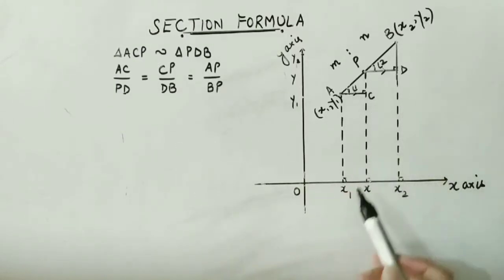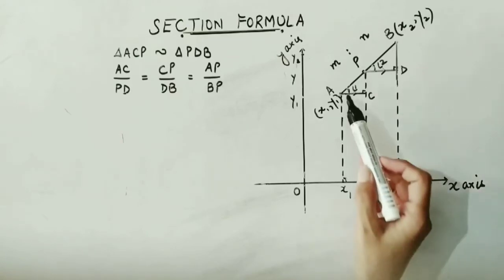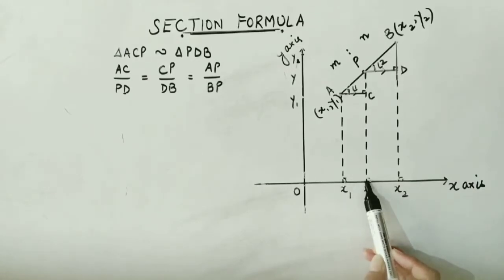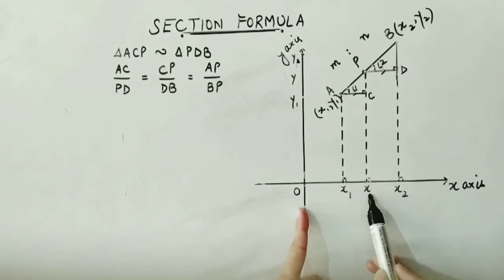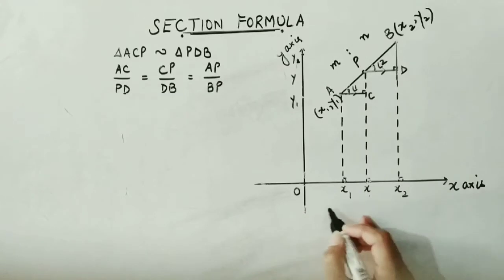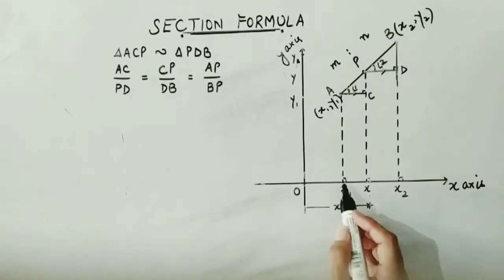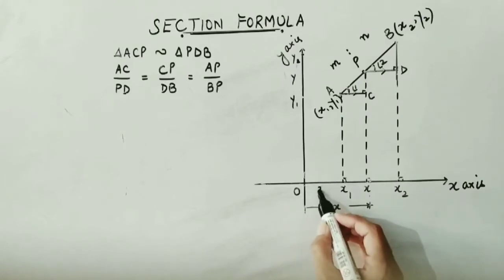Representing AC in terms of coordinates, we know value of AC is actually equal to this distance, and this distance is total, which is x, minus this, which is x1.